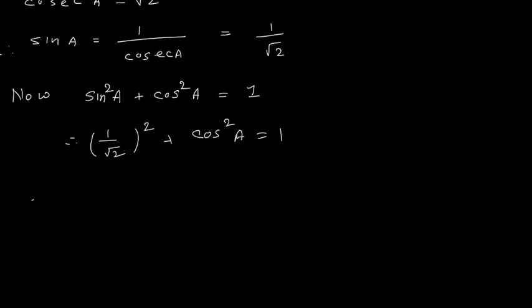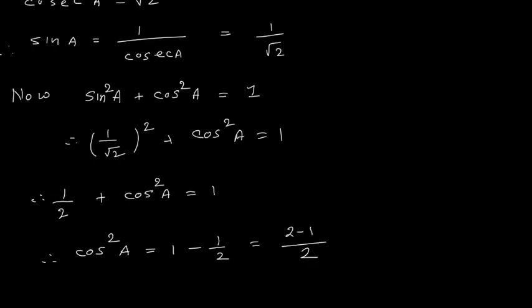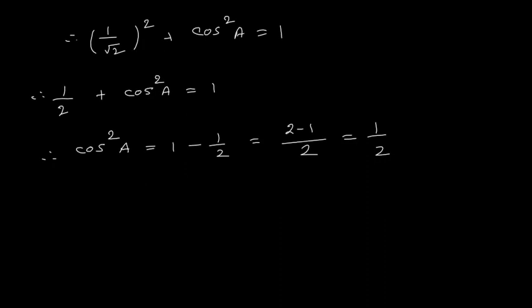Therefore I will say that 1 upon root 2 square is 1 upon 2, plus cos square A will be 1. Therefore cos square A is 1 minus 1 upon 2 is equals to 2 minus 1 upon 2 is equals to 1 upon 2. So this is the value of cos square A.